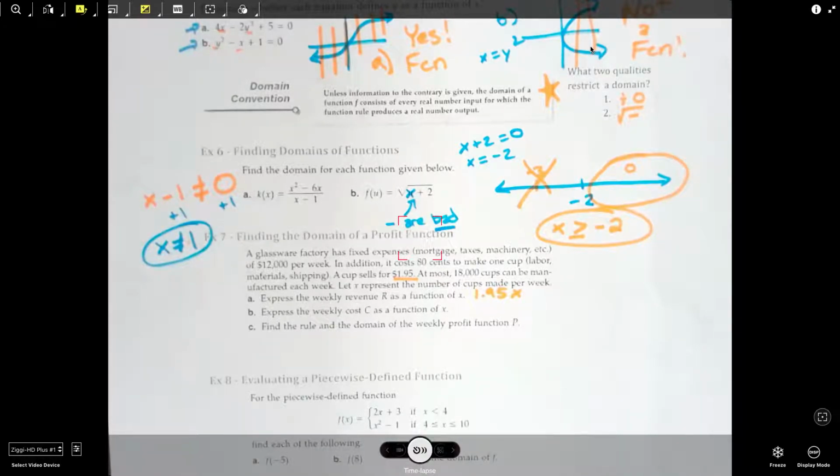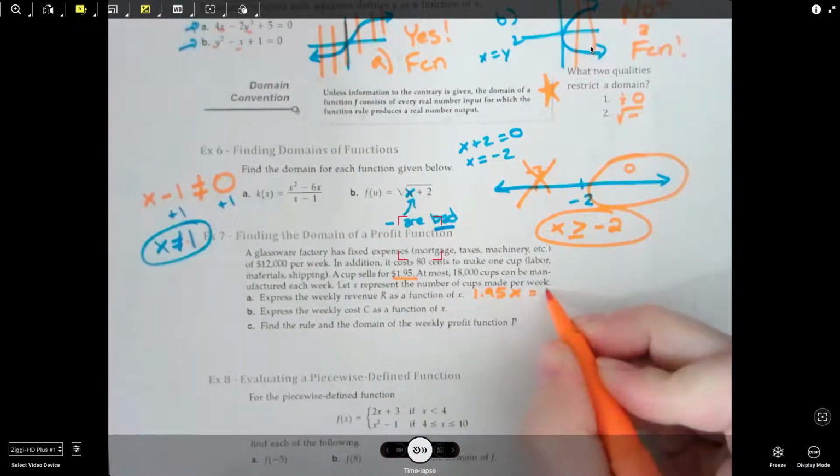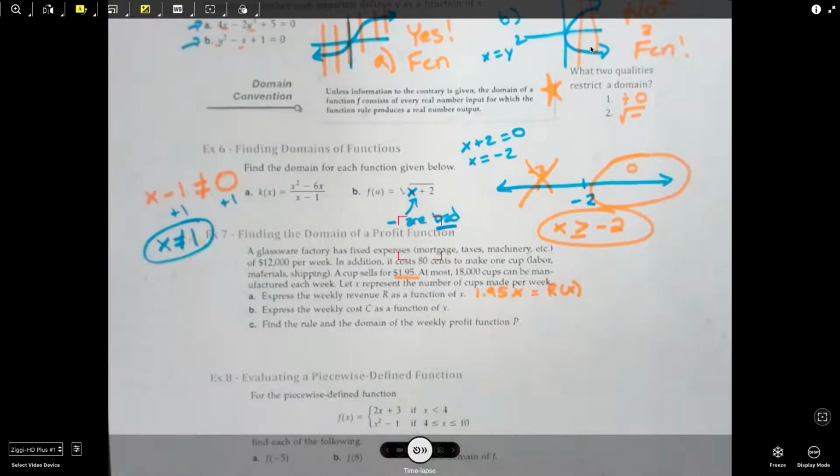I don't think they even put the 18,000 in there. No, revenue, 1.95x. Okay, so let's call that R of x. R of x equals 1.95x. That's what's making me money.